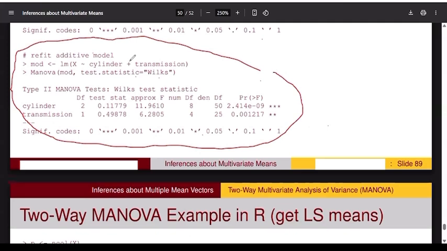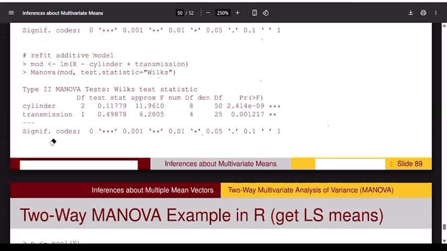Okay, in that one, I'm only going to write ln x on cylinder plus transmission if I don't want interaction. But the one with the interaction, I need you to see the difference in the code. Look at the difference in the code.